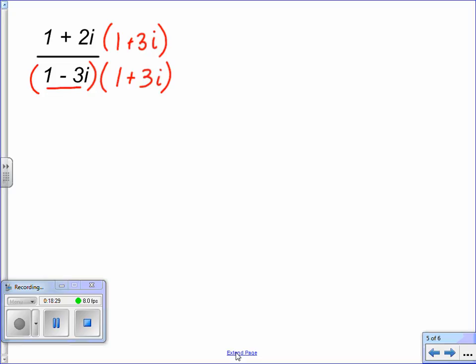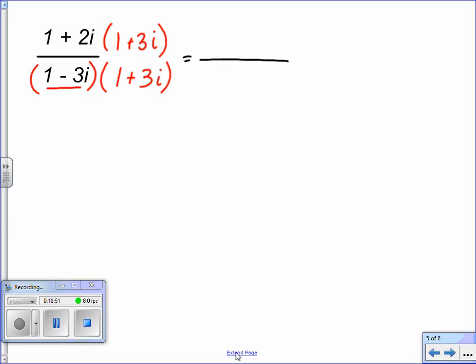Now, I'm going to work on my denominator first because that's the one that's the complex conjugate. So I've got my shortcut that I can use. So I'm going to focus on my denominator. Do you agree that a is 1 and b you could call -3, or you could also just use 3?